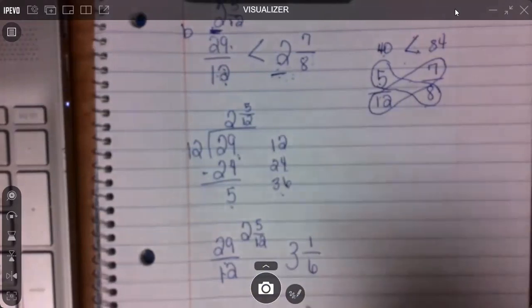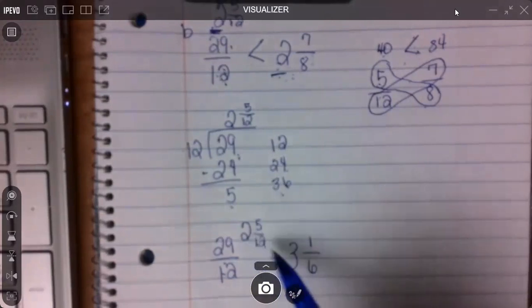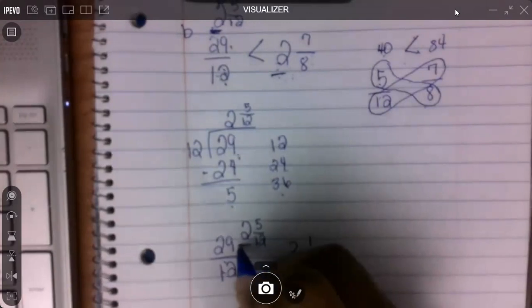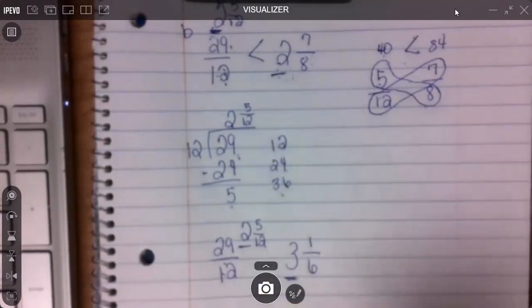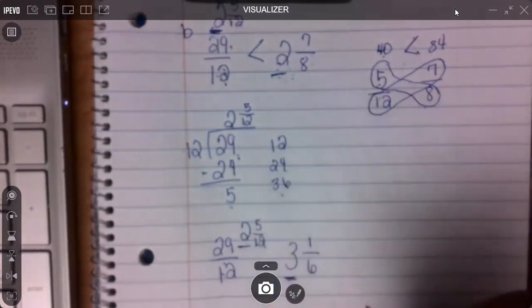So when we're comparing mixed numbers, we always start with our whole number. So I have 2 and I have 3. Can I tell which one is greater? Yes, 3 is greater than 2.